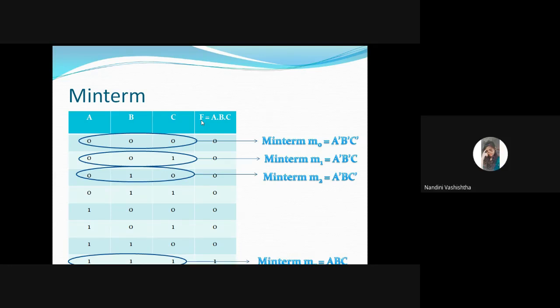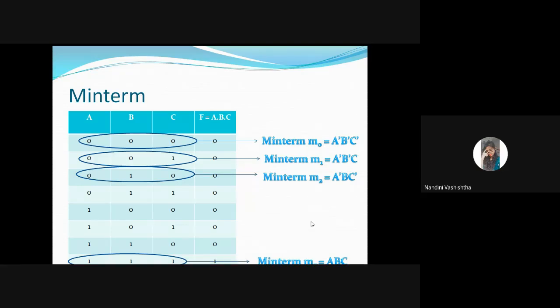Sometimes these Boolean variables will be in their primed form, that means A complement or A dash, and sometimes they will be in their unprimed form. For example, you can see C here, or A here, B here, C here.